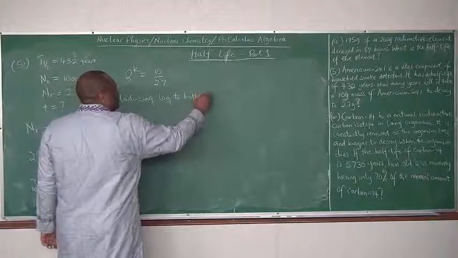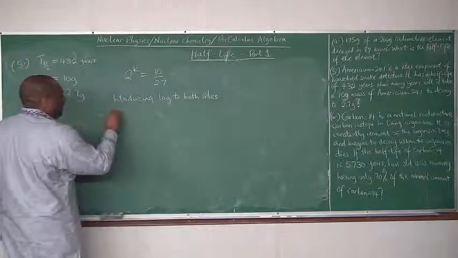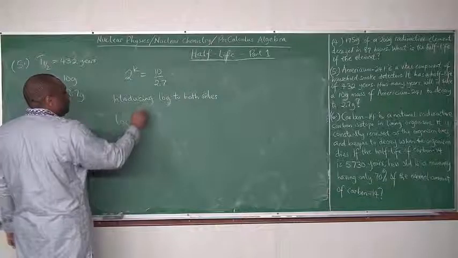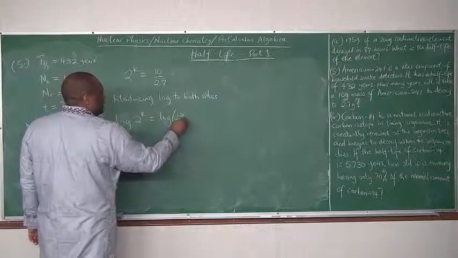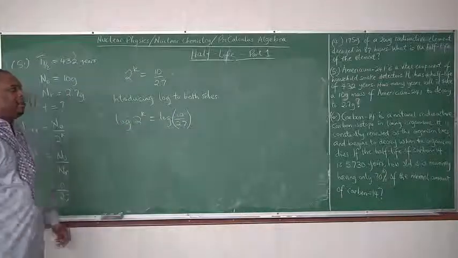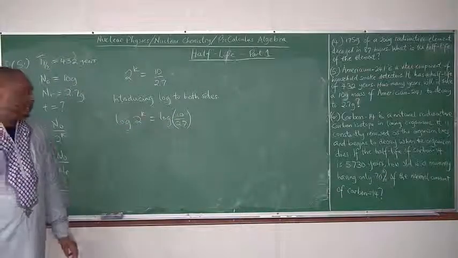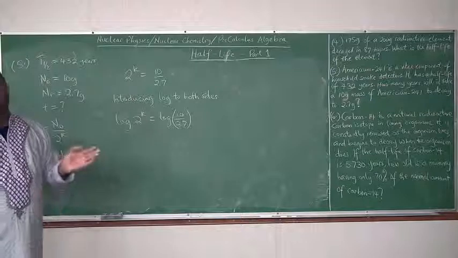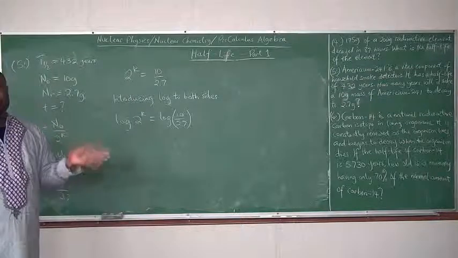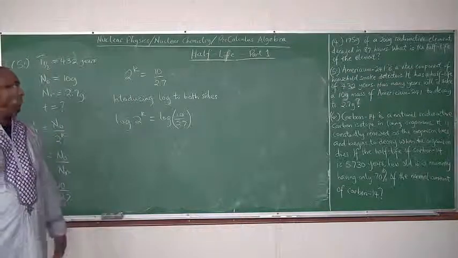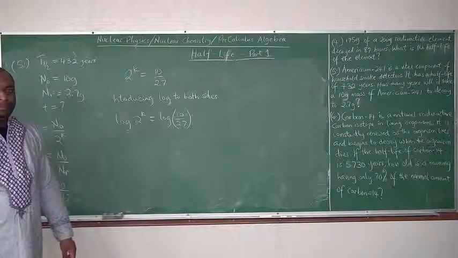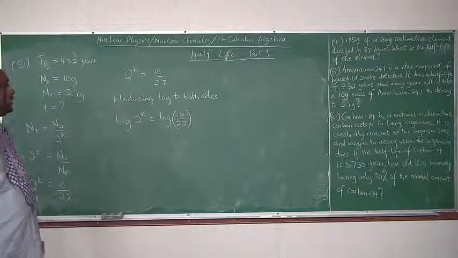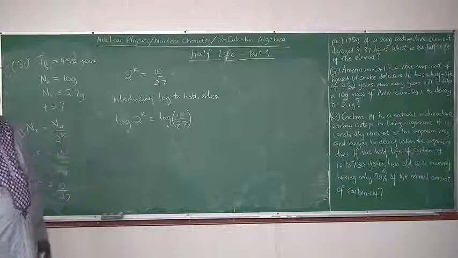Now I have log 2^k is equal to log of 10 over 2.7, because 10 over 2.7 is the same thing as 100 over 27. It won't give me a multiple of 2, so I'll have to introduce log.